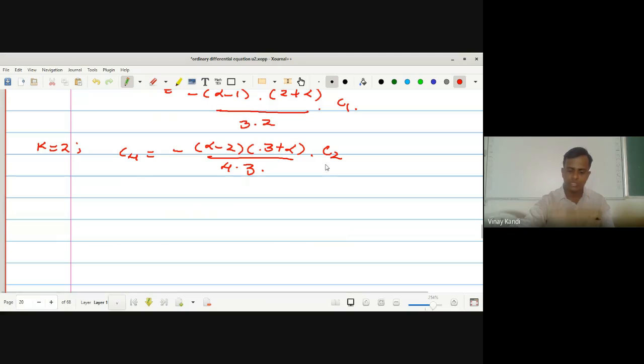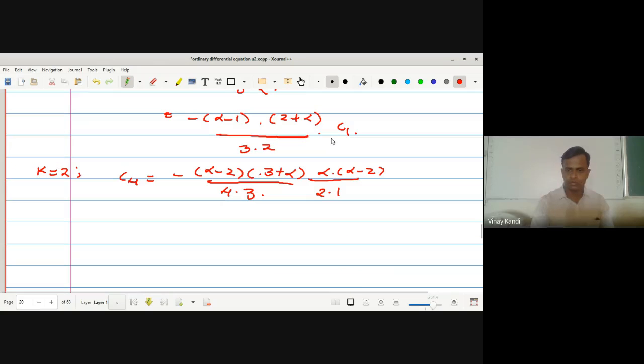Putting the value of C2 here, C2 is nothing but alpha into alpha plus 1 upon 2 into 1, into C naught. So this is C4 in terms of C naught. Okay, any doubt up to here?